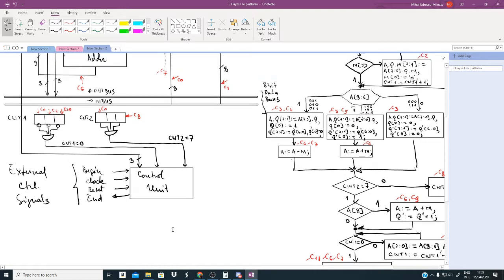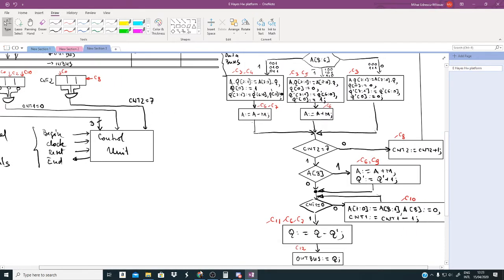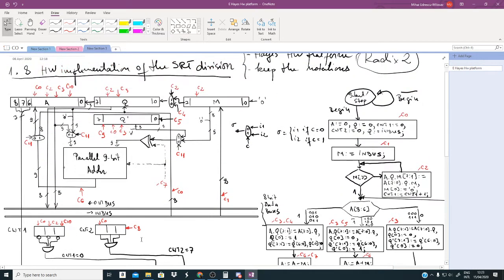Okay, good. So this is how this whole thing is built. So what we need here, we put C10, maybe, yeah. So when we put Q on the outbus, we use C12 here.